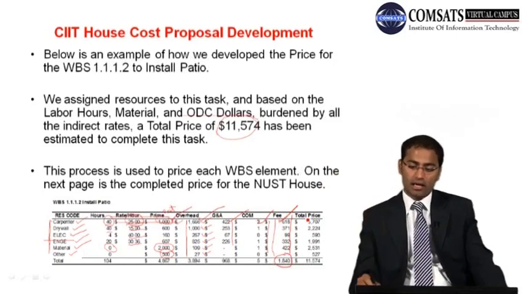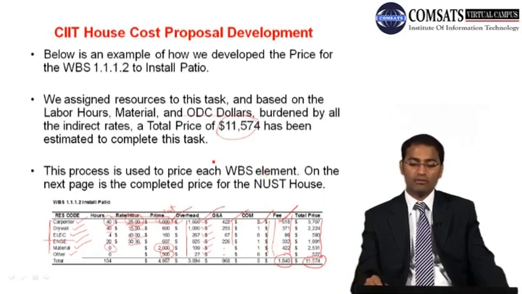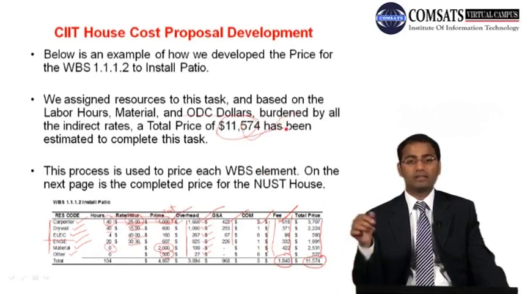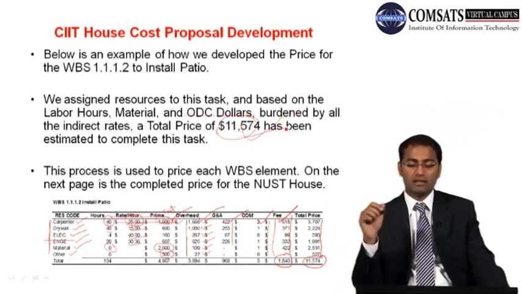And then by adding all these total prices, you will have 11,574. Remember we were talking about where we get this figure. Now this is how we actually get this 11,574.